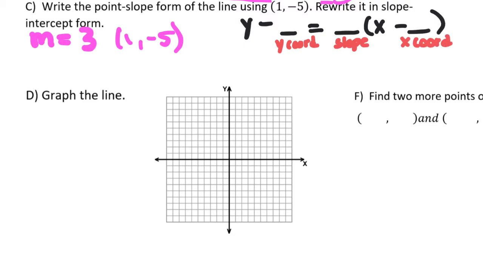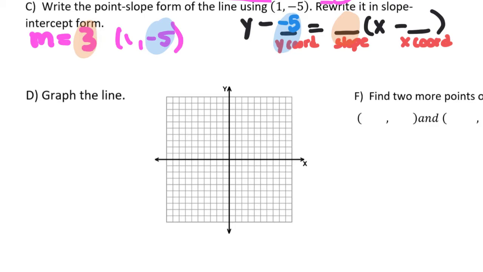So if I'm filling in, I first need the y coordinate, which from the point is negative 5. So I'm going to fill in a negative 5 here. Then I need the slope, which we calculated before to have a value of 3.